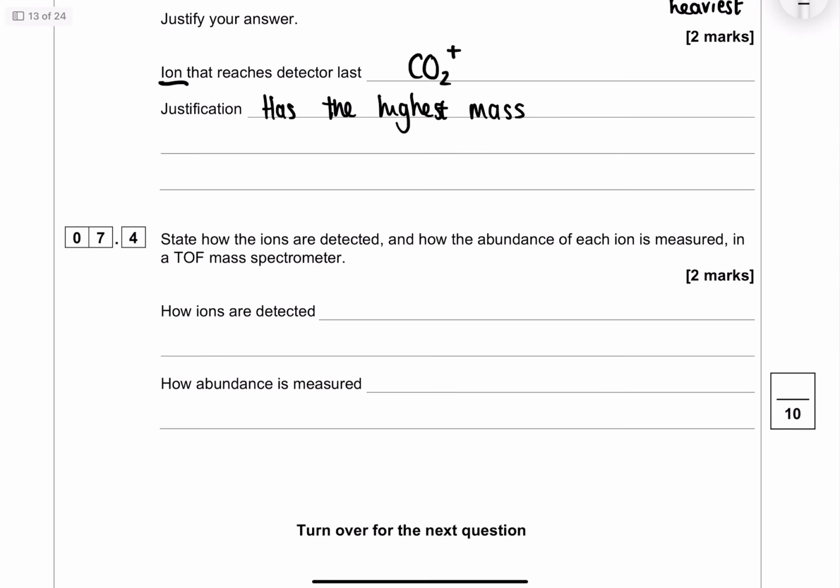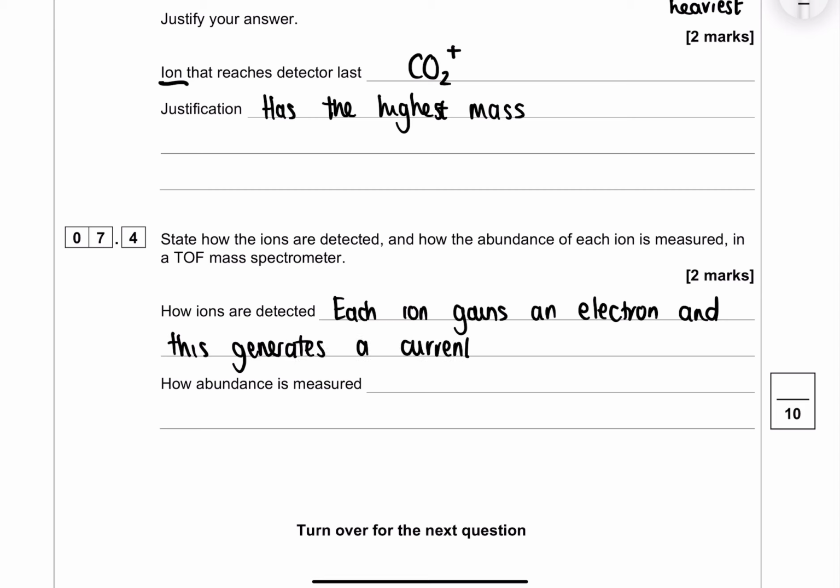State how the ions are detected and how the abundance of each ion is measured in a TOF spectrometer. So when they hit the detector, each ion gains an electron, and this generates a current at the detector.